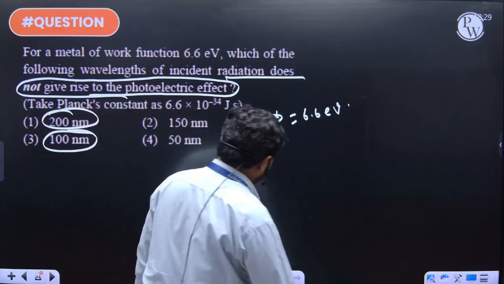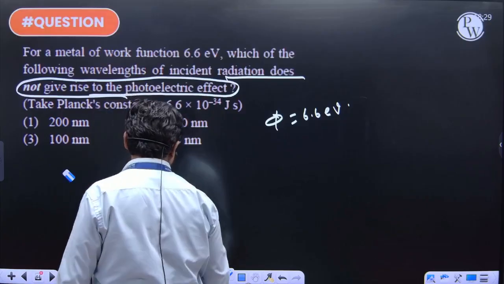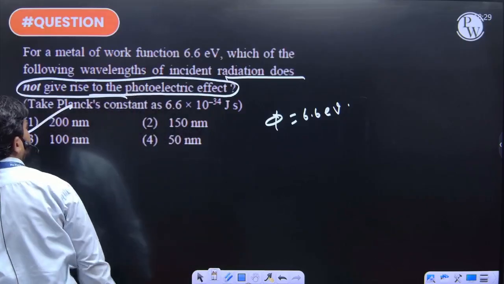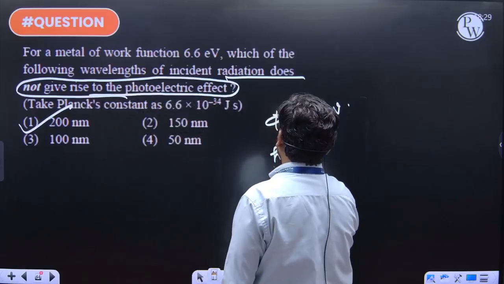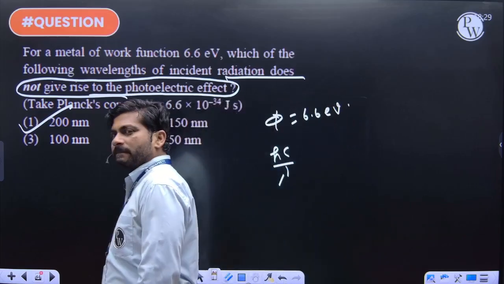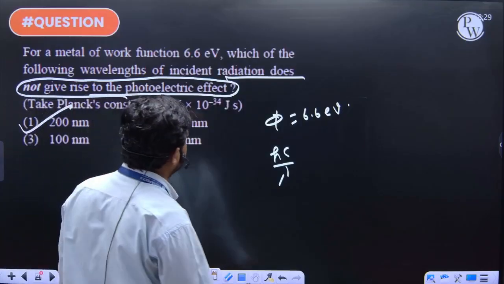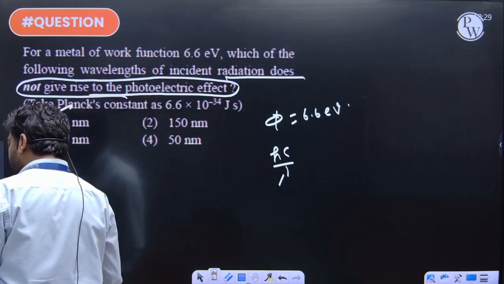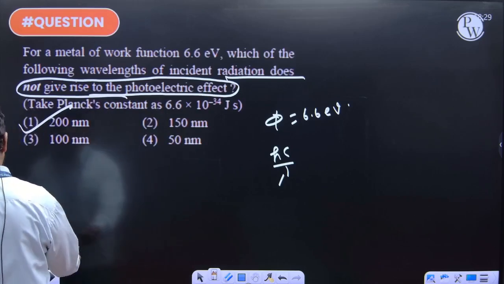So choose the option having the highest wavelength, which is 200 nanometer. Or else you should write hc by lambda and see which wavelength satisfies it. Is it fine?